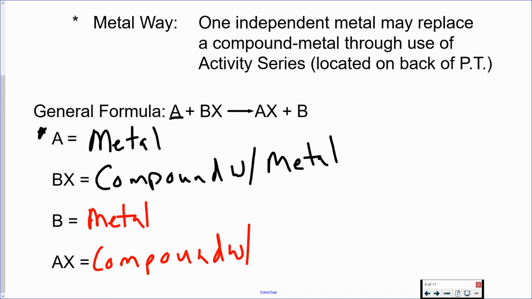Now I'm going to go back and color code this for you so you can see what really happens. What really happens is one metal replaces the other, okay, and kicks it out.